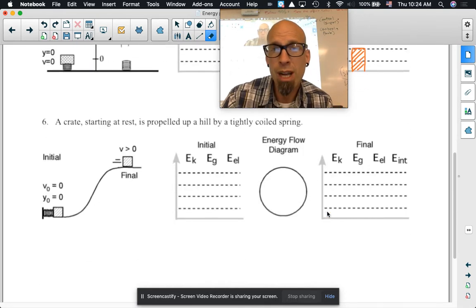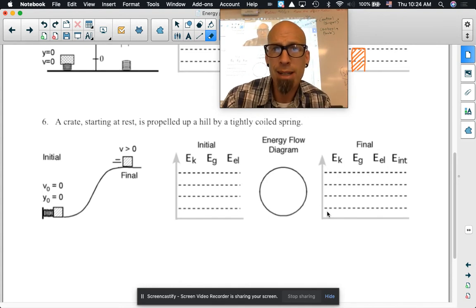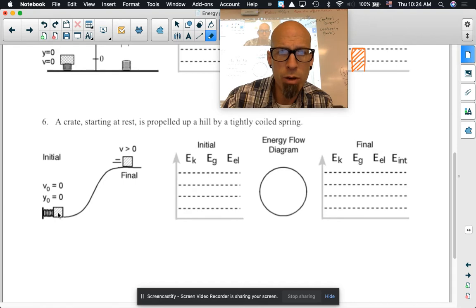Number 6, well, now we have a crate that starts at rest, is propelled up a hill by a tightly coiled spring. What does the crate have down here? No velocity, no height. Is there a spring that's coiled? Yes, it says it's propelled uphill by a tightly coiled spring.